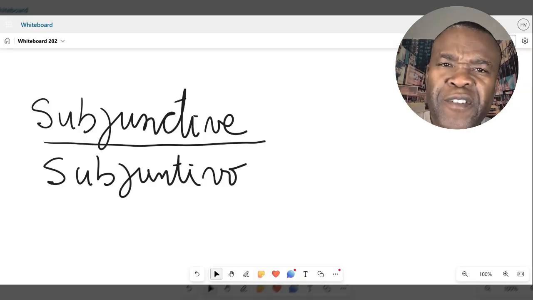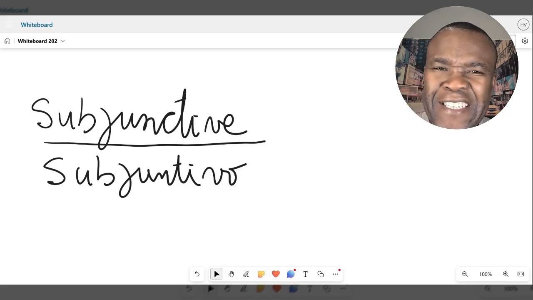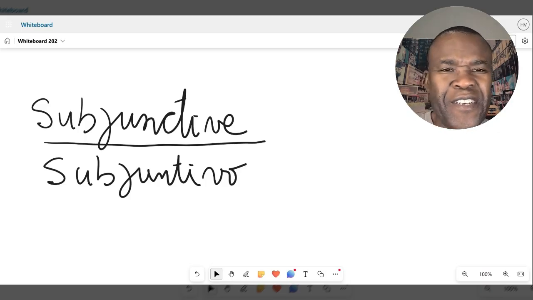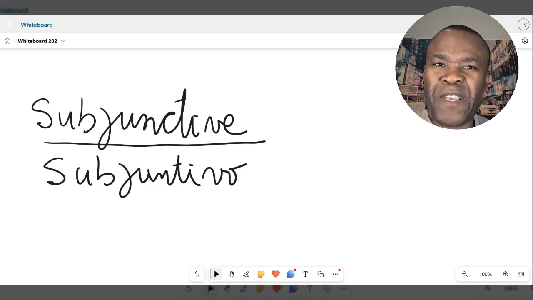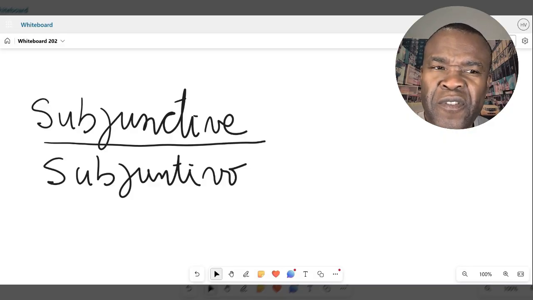The subjunctive mood is not about time, reality, feelings, emotions. It's about whether the speaker, whoever's speaking, commits to a proposition as factual.